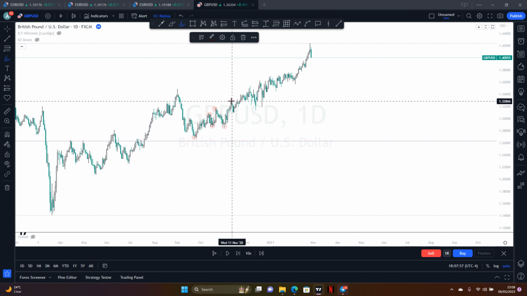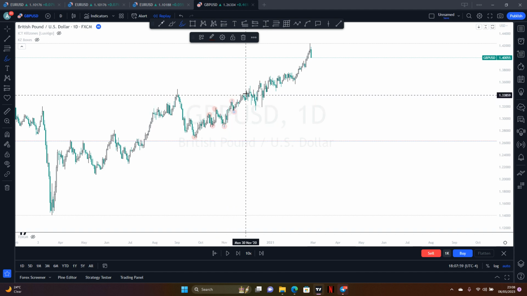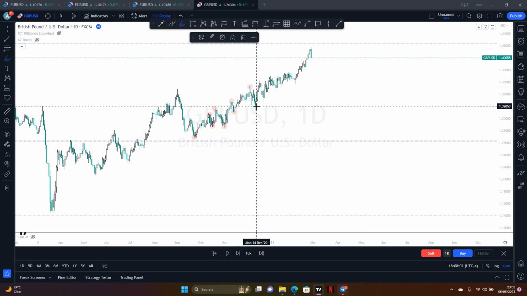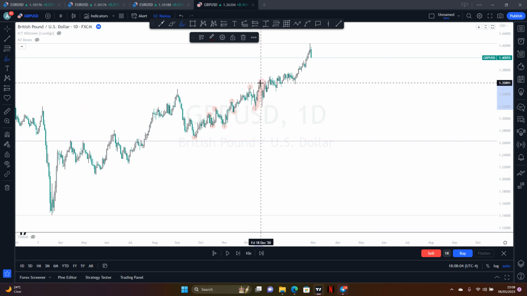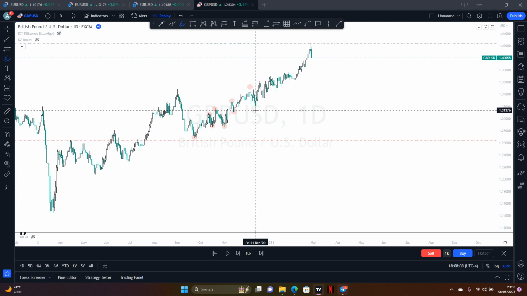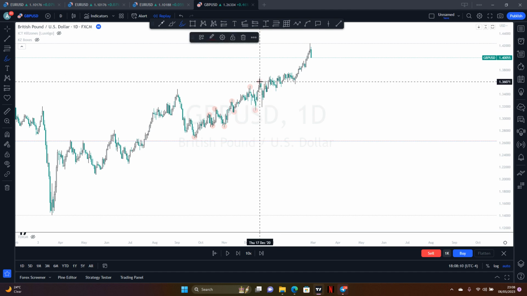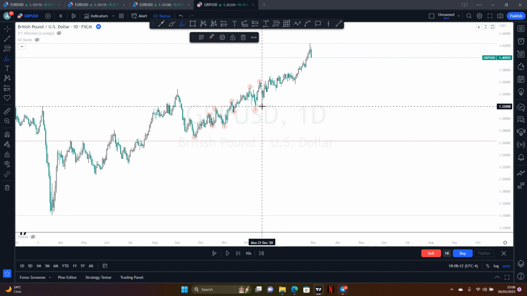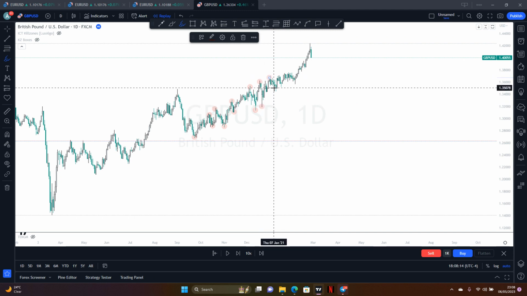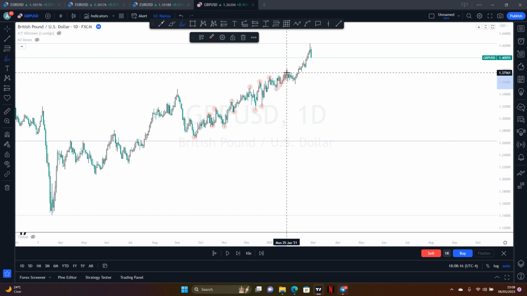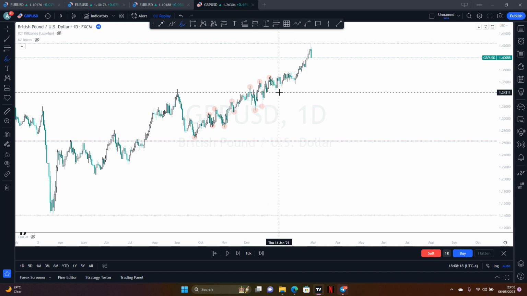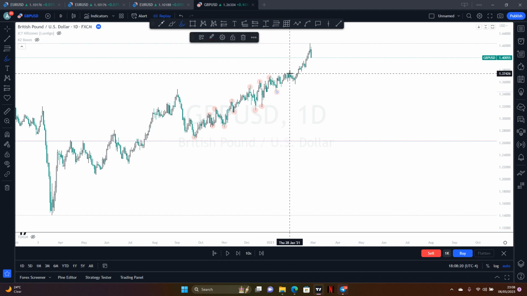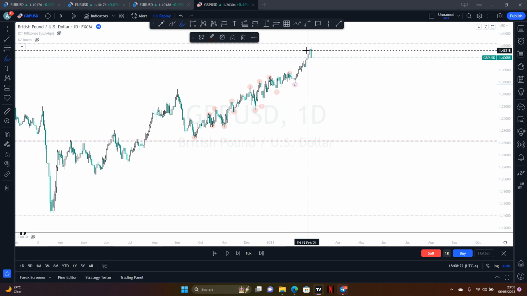So we have this high, this low, this high, and then this low, and this high, this low, this high, this low, this high, low, low, high, low, high.